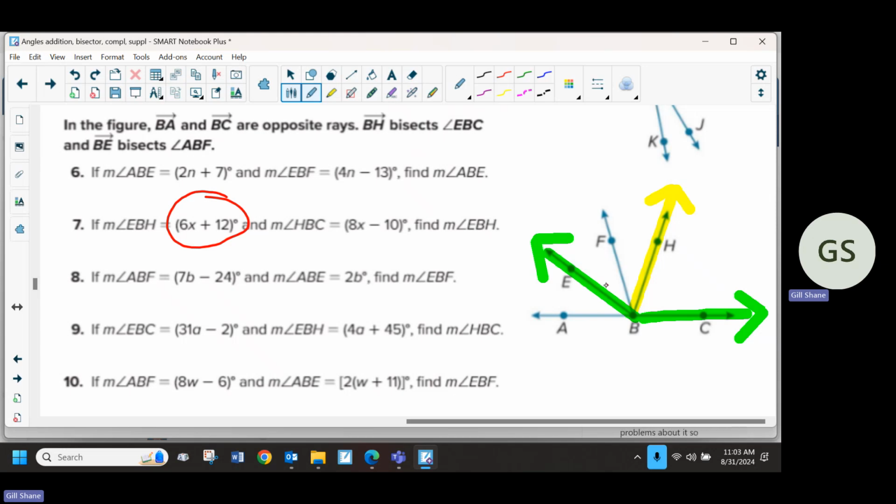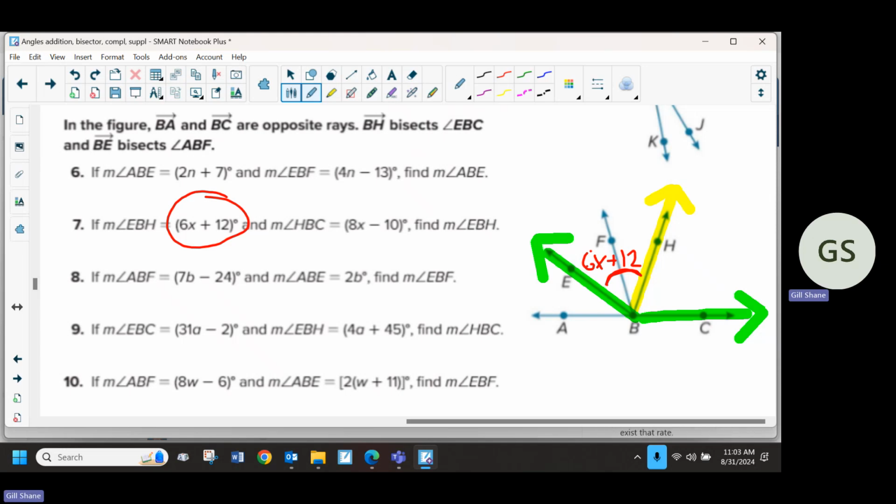So this angle right here, you've got to ignore the BF ray. Ignore that. That angle right there, I'm going to try to write it small. It may or may not work, is 6x plus 12. That is the measure of that angle. Again, it's like that line BF does not exist, that ray.